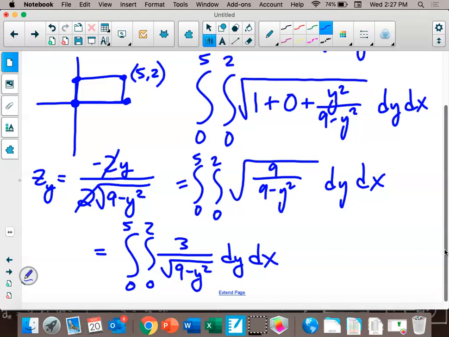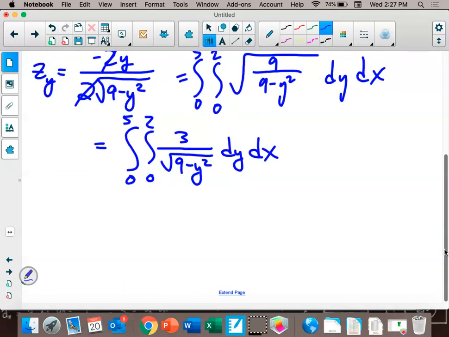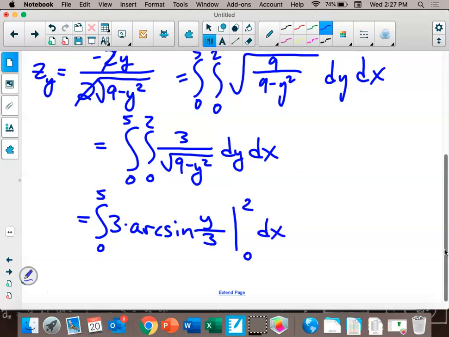That's where I give up. No. All right, so the 3 just gets multiplied. All right, arc sine, there's no 1 over a in front, so it's arc sine of y over a, which is the square root of 9, evaluated from 0 to 2.